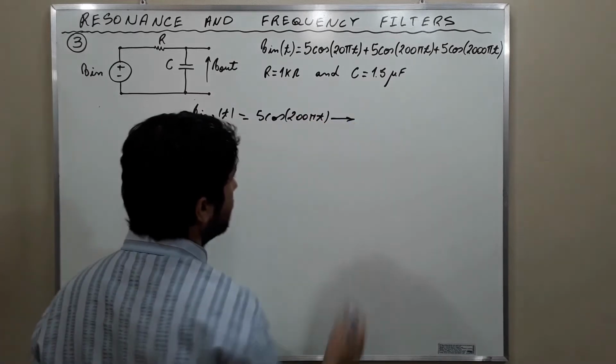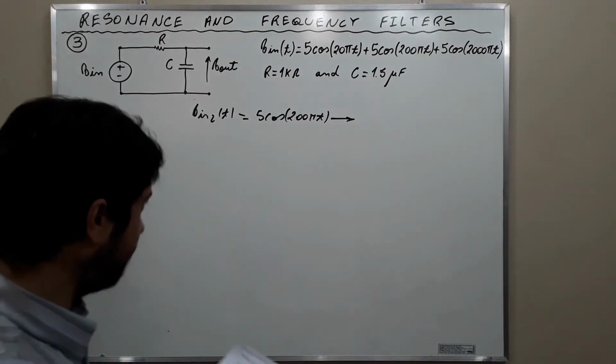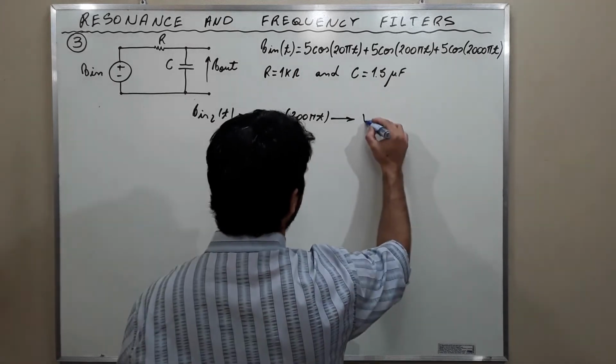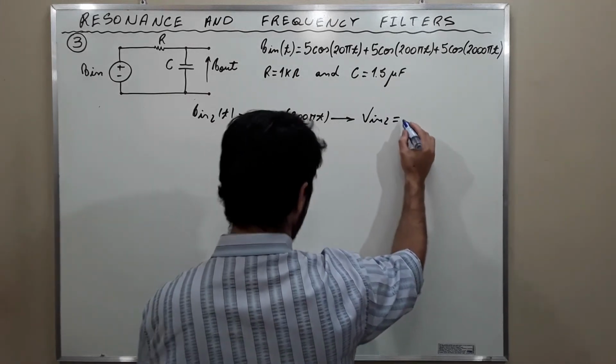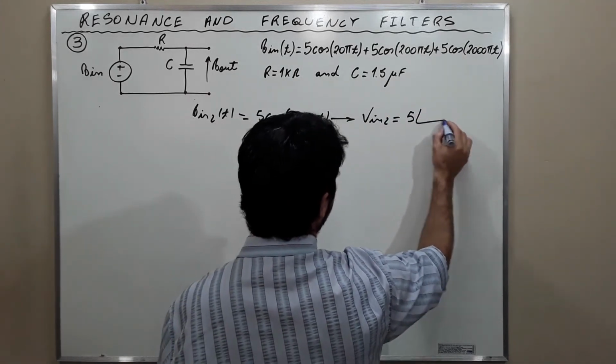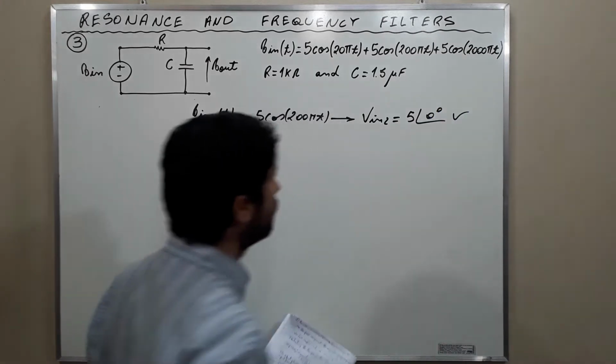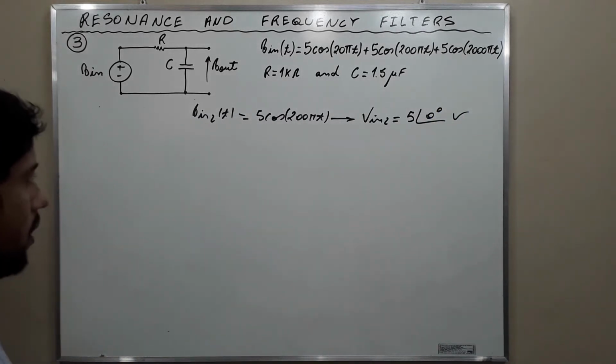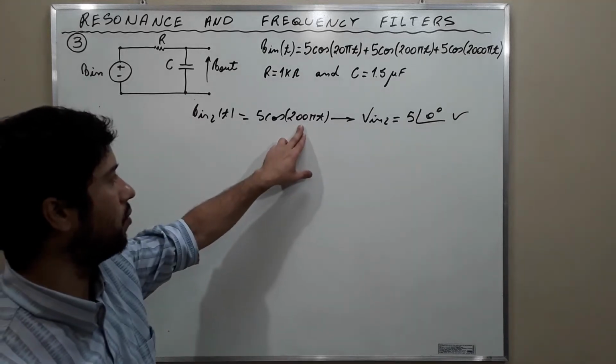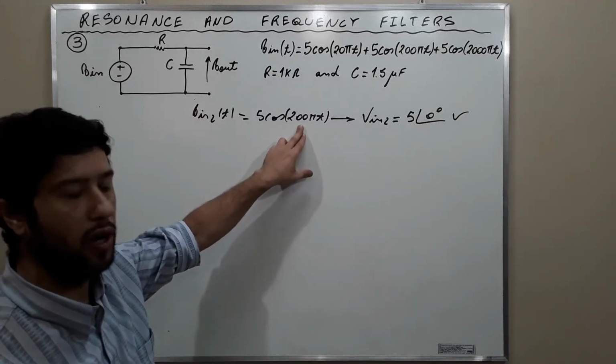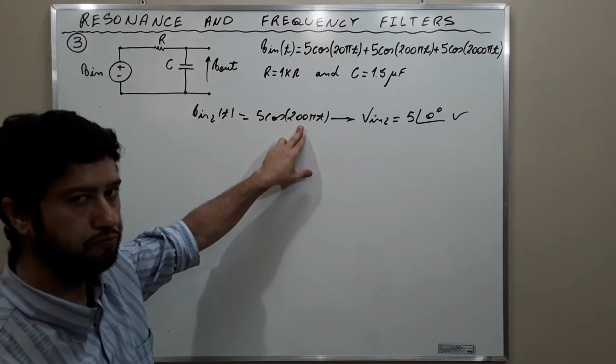Okay, and the corresponding phasor is V in 2 equal to 5 phase 0 degrees volts. And we know that the angular frequency is 200 pi.